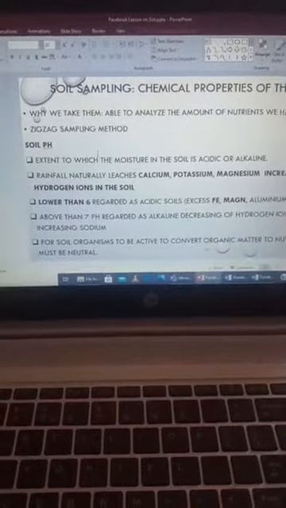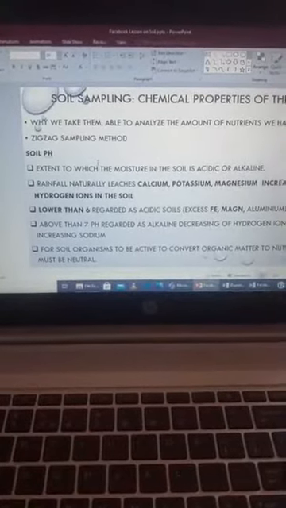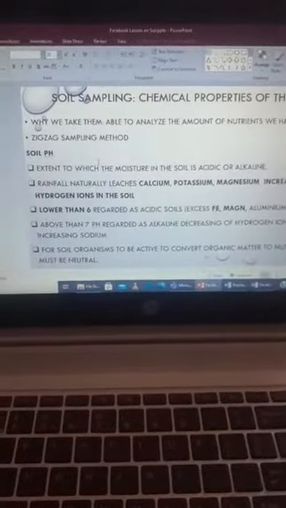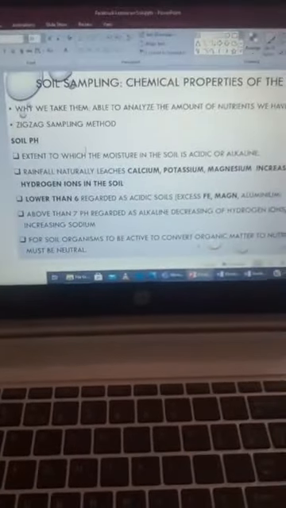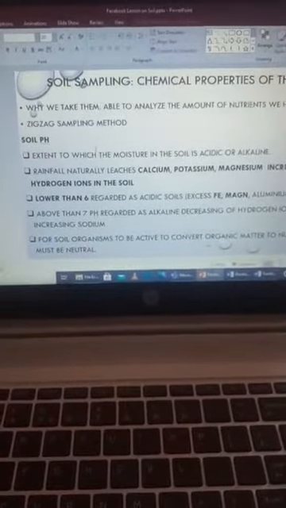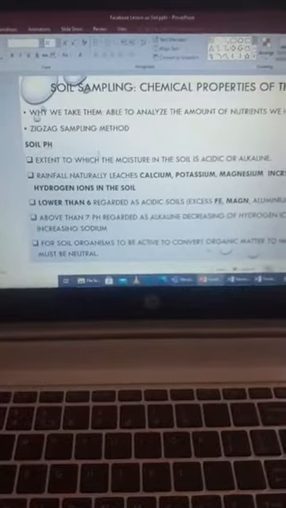If we have a lot of rainfall, the soil loses nutrients, which we call leaching. So your soil will leach nutrients. What are those key nutrients that your soil will lose? Number one, it's calcium, potassium, magnesium, and then it will increase our hydrogen ions.